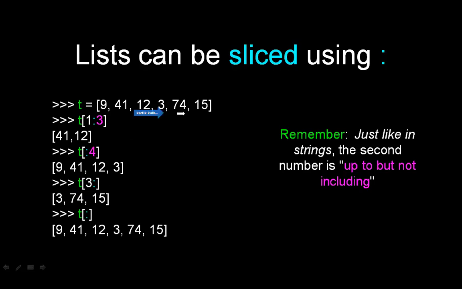Up to the end of the list means 74 and then 15 will be included. Even though I have not specified the end index number, the Python interpreter takes by default all the elements present starting from index number 3 up to the end of the list.